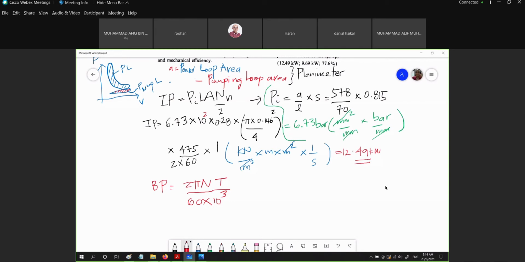Convert hour to seconds, sir. Convert minute. This n is in RPM. Divided by 60, we convert to RPS, rotation per second.